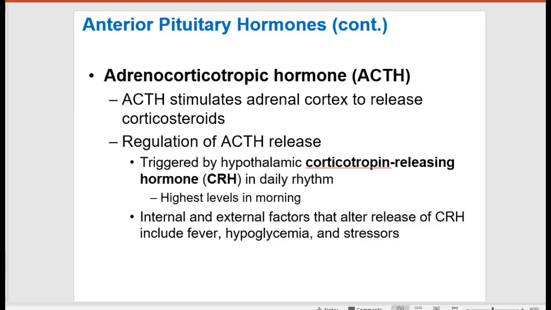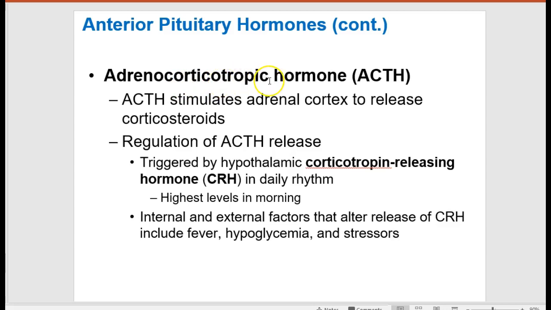The next anterior pituitary hormone we'll talk about is ACTH. And again, this is one where if you look at what the word parts mean, it will help you figure out what this hormone does. Adreno refers to the adrenal gland. Cortico refers to its cortex, its outside.